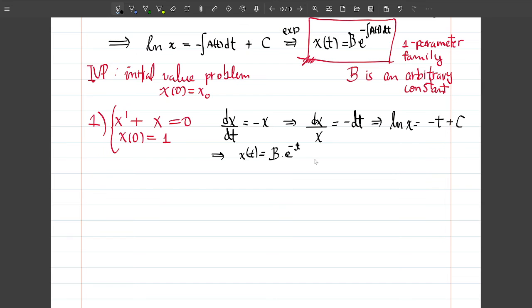But we know by our initial value that x(0) is equal to 1, and then 1 is equal to B times the exponential of 0. But the exponential of 0 is equal to 1, so that's the value of B. And then our solution will be the exponential of minus t.